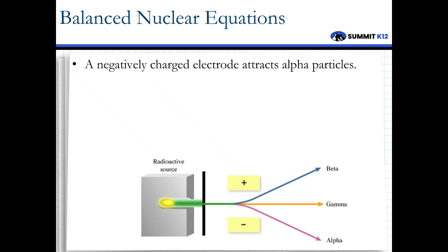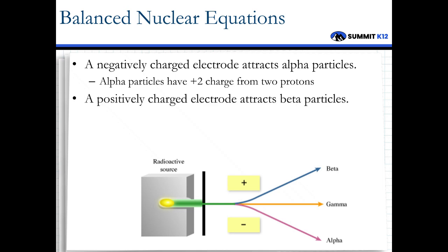So, a negatively charged electrode attracts an alpha particle. Why do you think that is? Correct. Alpha particles have a +2 charge from 2 protons. Now, a positively charged electrode is going to attract beta particles.